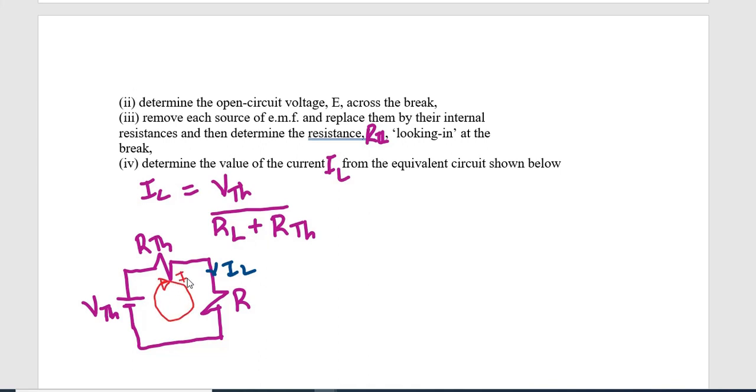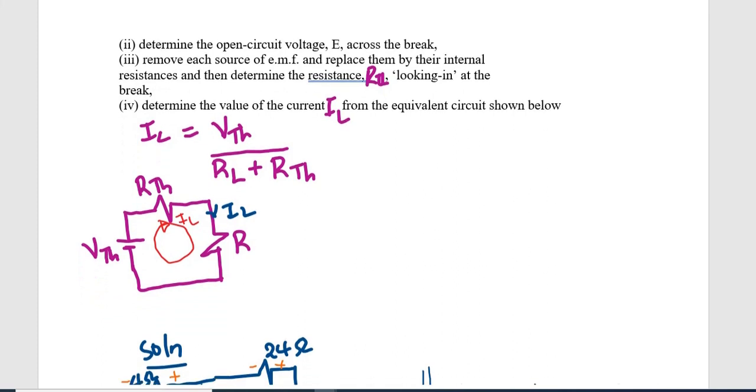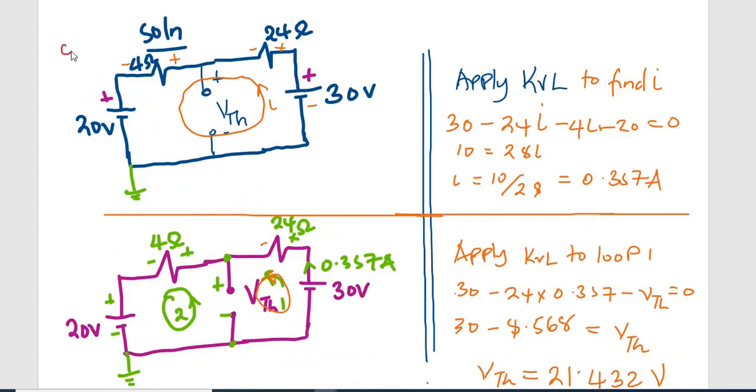Let us move ahead and look at our question, part C, which requires us to use Thevenin's theorem to find the current flowing through the 16 ohm resistor. Now, this is the 20 volt source. The sources are intact. This is the 4 ohm and the 24 ohm.